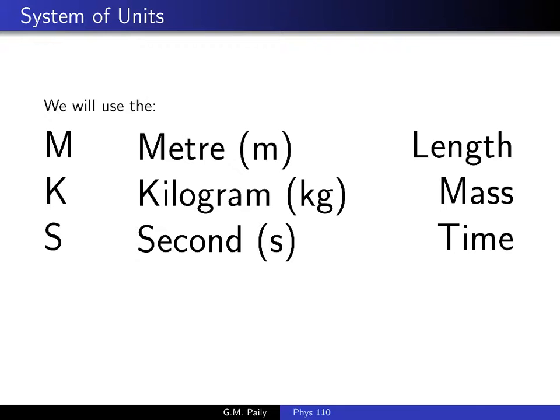There are different systems of units, and the one we will use, as mentioned earlier, is the metric system, also called the MKS system of units, which stands for meters, kilograms, and seconds, which measure respectively length, mass, and time.